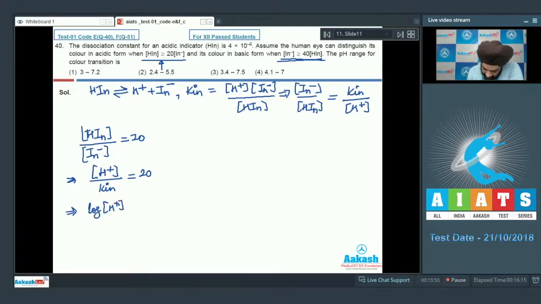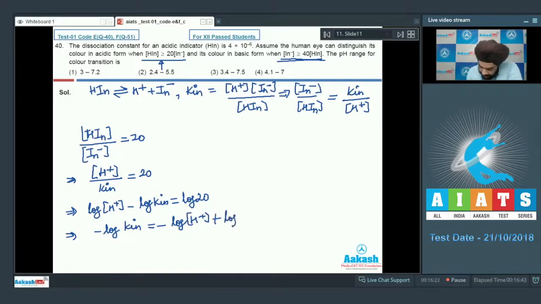Log of H plus ion concentration minus log of Kn is equal to log of 20. So we can convert this expression to minus of log Kn equal to minus of log H plus plus log of 20. So students, we can see that this is pKn and this is the pH. So pKn is equal to pH plus the value of log 20 can be written as 1.3.